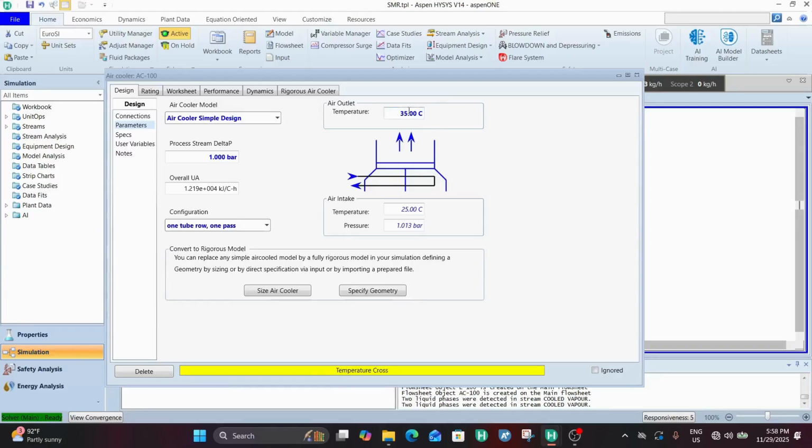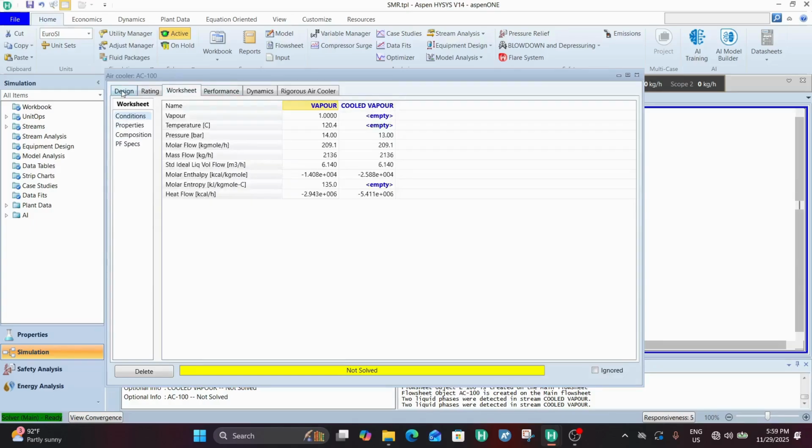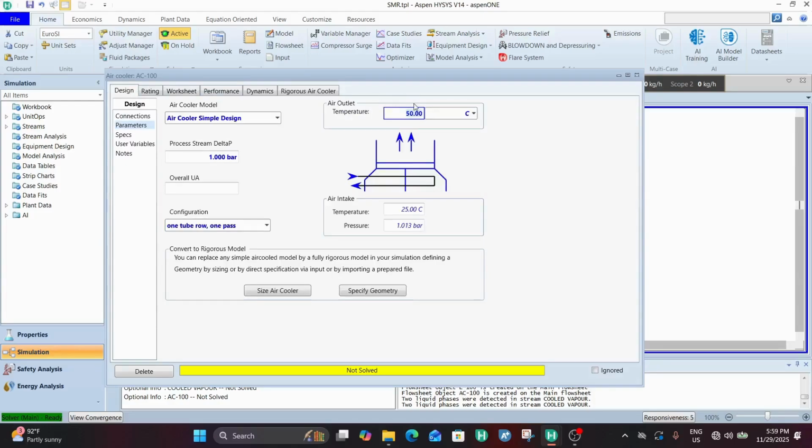Temperature cross, it doesn't work. So let's give it 40. Not good enough. Give it 50. Still not good enough. Let's give it 100. Still not solved.